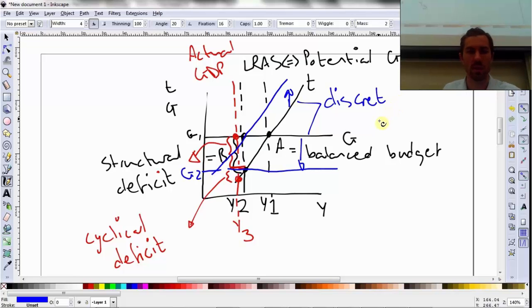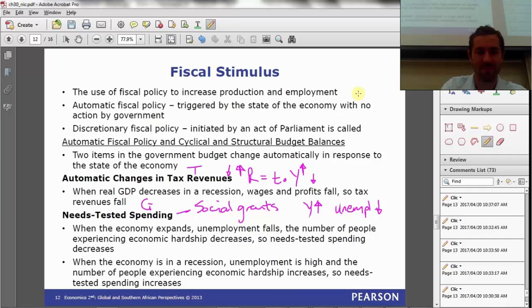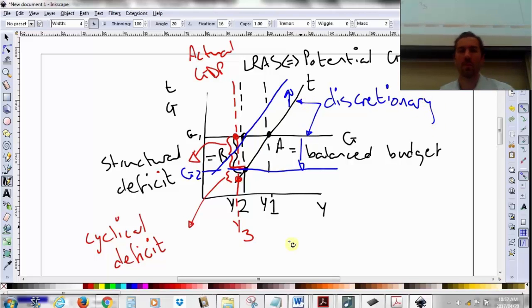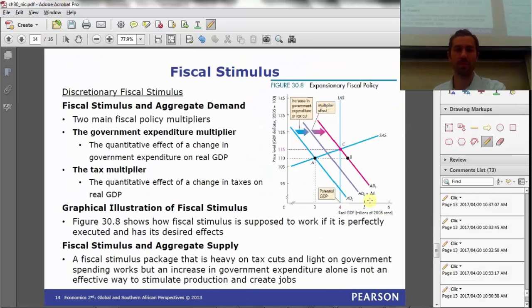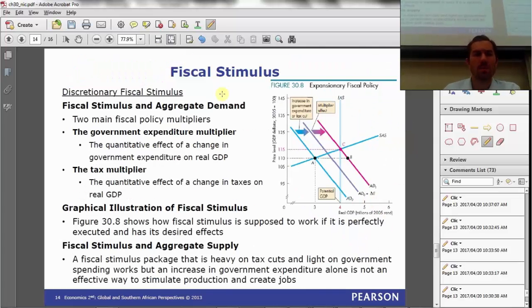Is it an S or a T? I can't remember. It's a T. Discretionary. Okay. Discretionary fiscal stimulus and aggregate demand.